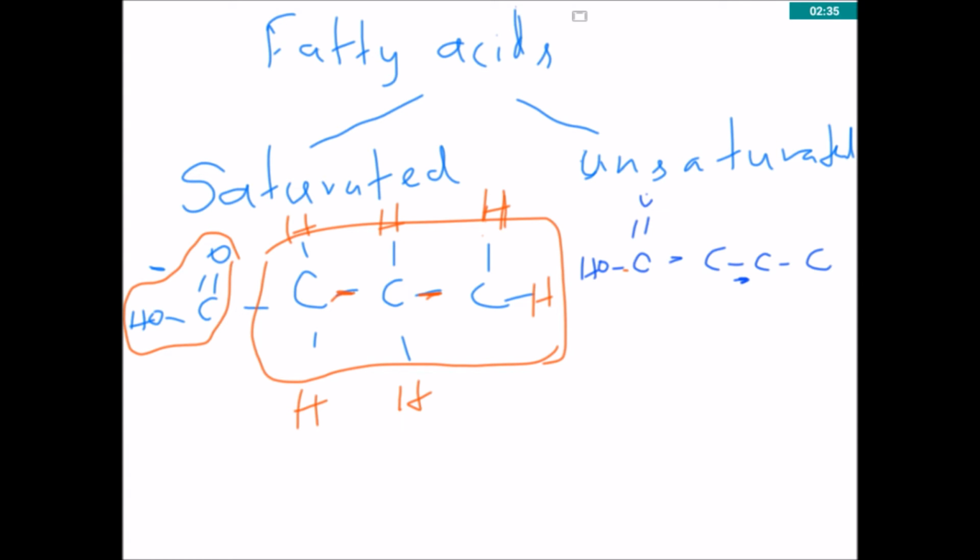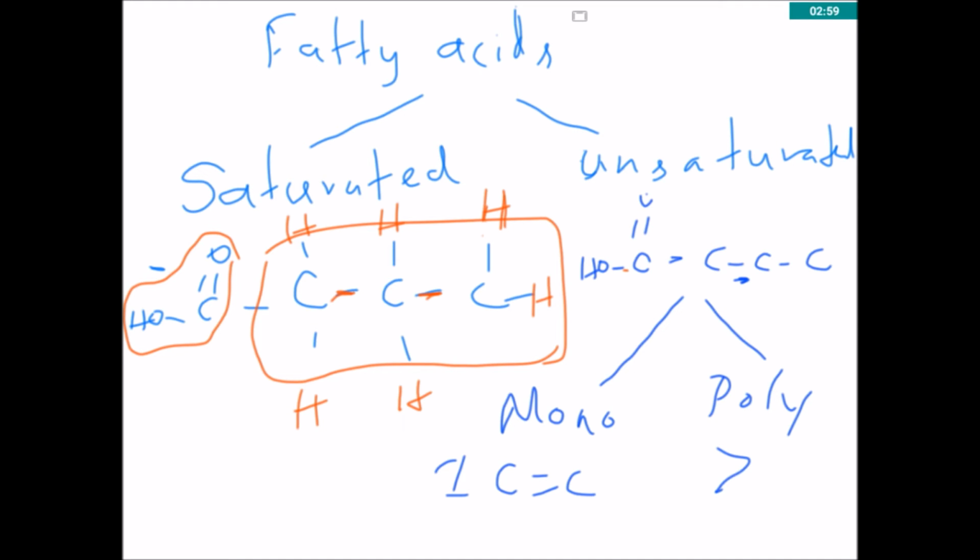Depending on how many C=C double bonds there are, we can categorize them into two groups: monounsaturated and polyunsaturated. Monounsaturated means they only have one C=C double bond, and in polyunsaturated there is more than one C=C double bond.